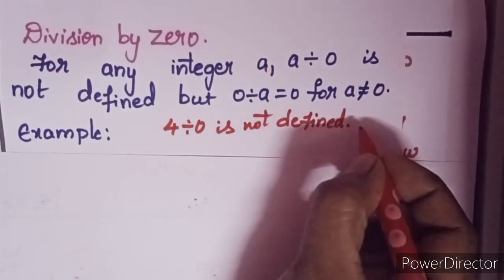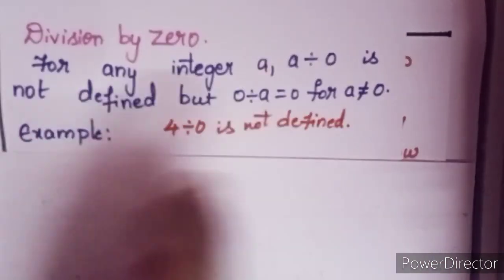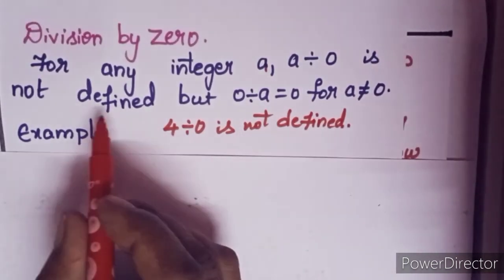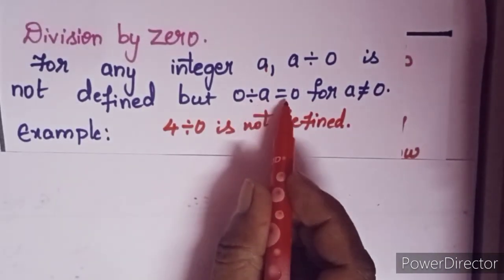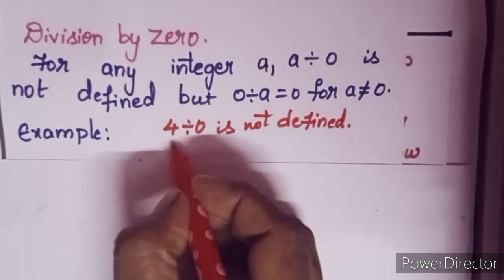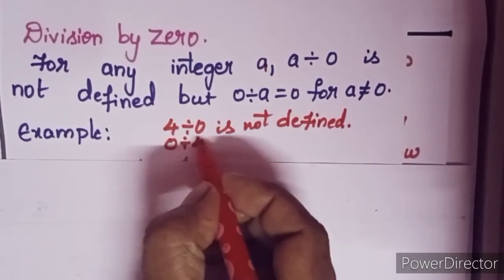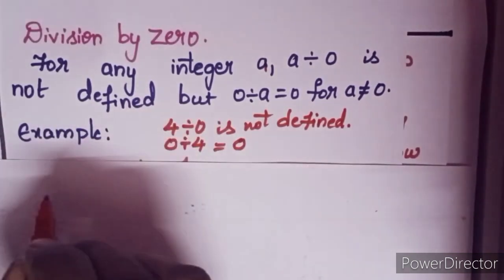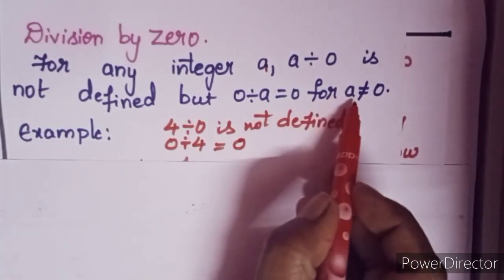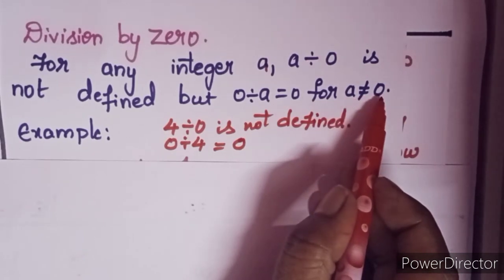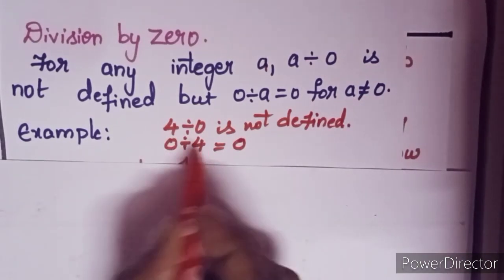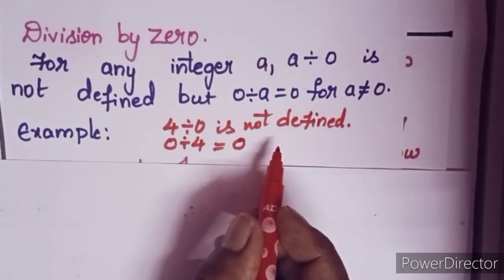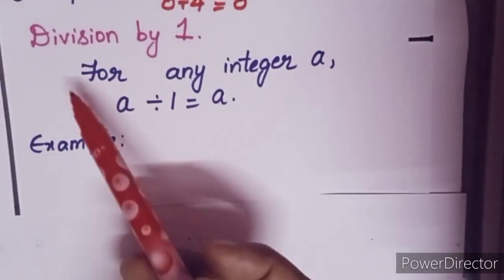Any number divided by 0 is not defined, children. 0 table does not exist. Understood, children? Next, 0 divided by 8 equals 0. That is 0 divided by 4. 0 divided by any number, we get 0, children. When a is not equal to 0, children, here 0 divided by 0 does not exist. I hope you understood, children.